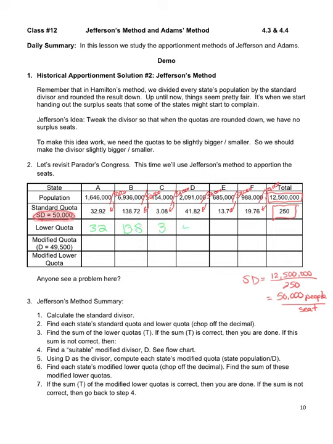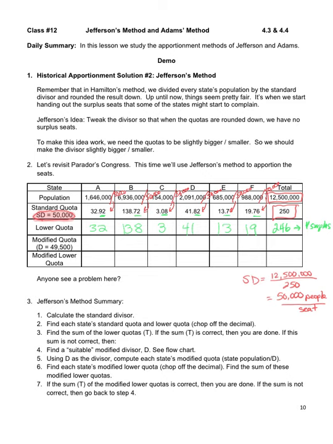C is 3. 41 for D. 13 for E. And 19 for F. And note, when you add these up, you get 246, which gives you 4 surplus seats. So Hamilton's method would go back in and look at these residuals, the residues, or remainders, and give those 4 surplus seats away one at a time, based on who has the highest residue.